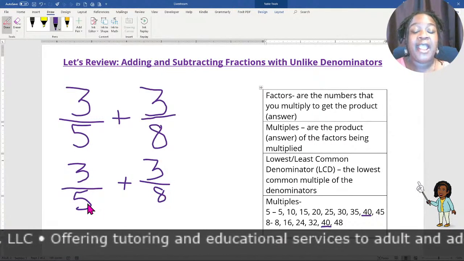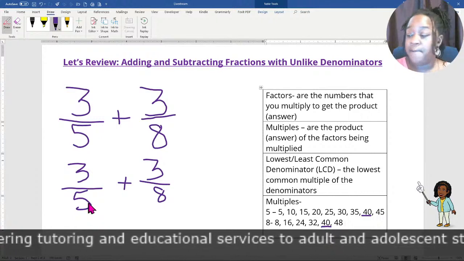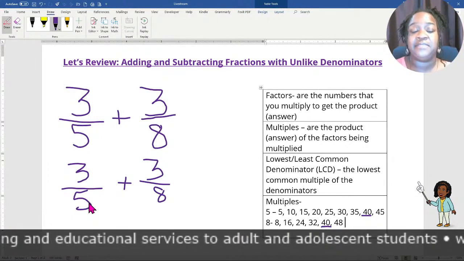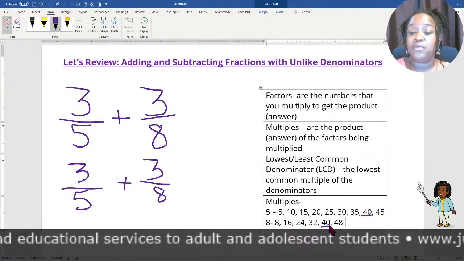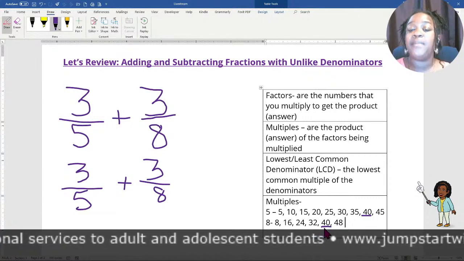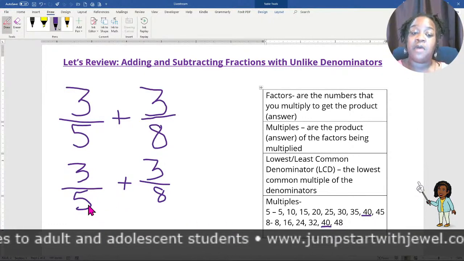So here, our denominator is 5. We have to know what number, when you multiply it times 5, will give you 40, because our lowest common denominator is 40. So we have to change this to 40, but we have to multiply.